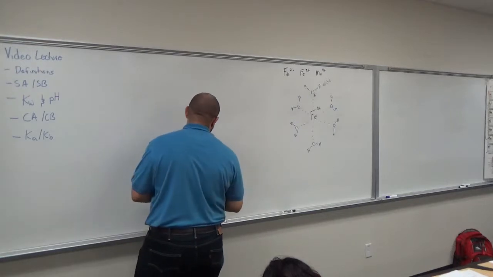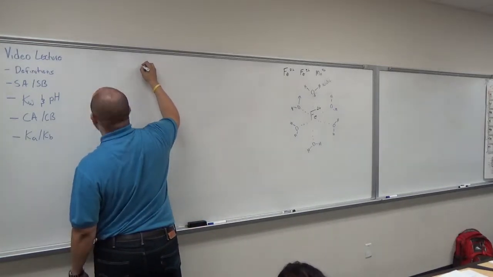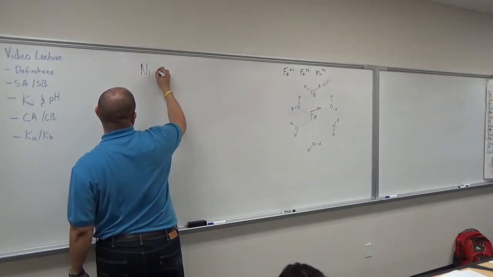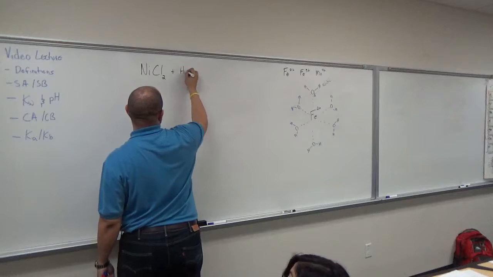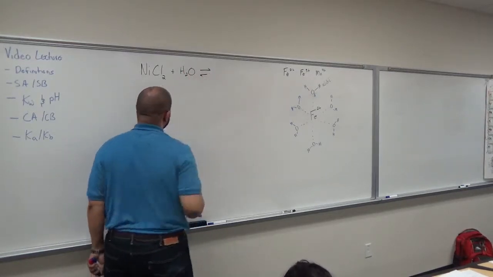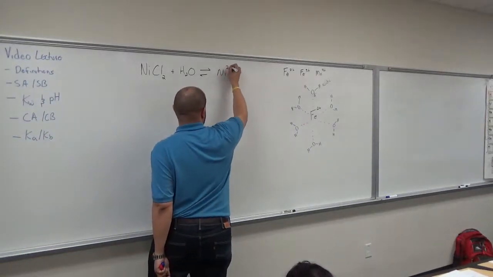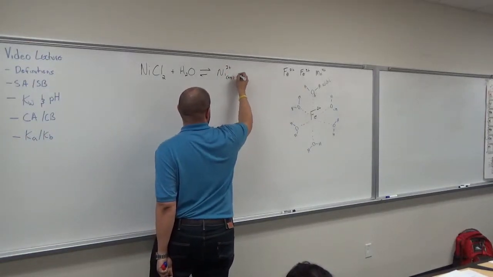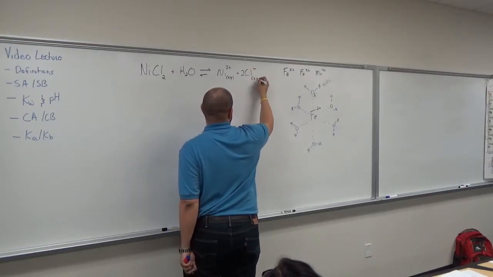Let's say that we were trying to dissolve nickel chloride plus water. In solution, we are going to create nickel 2+ aqueous, and we're going to create 2 chloride ions aqueous.